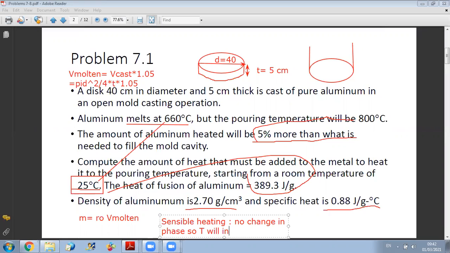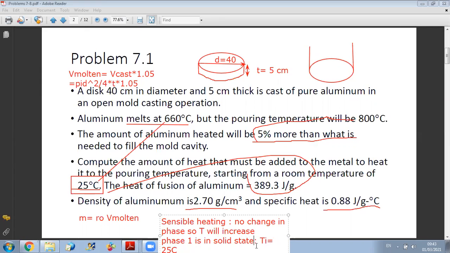So the first step in my heating process, phase one, is a sensible heating phase, because in phase one I have T initial equal to 25 degrees, and I am in which state? Phase one is in solid state.